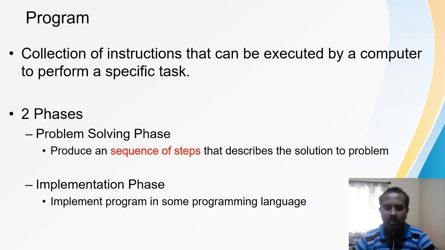In the implementation phase, you are going to implement the solution that you found in the problem solving phase in a programming language. The programming language can be C, it can be Java, it can be Python, it can be anything.